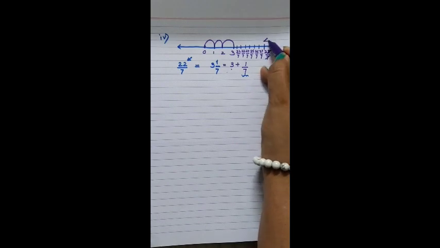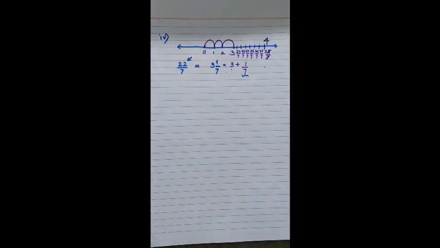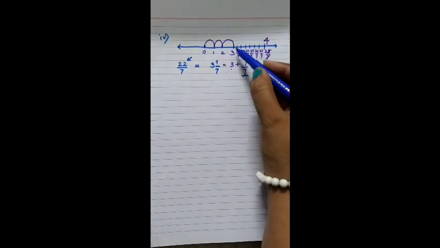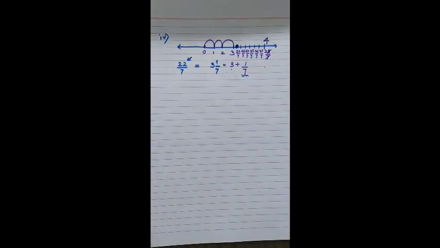What is it going to give you? 4. From this you got to know that 22 upon 7 lies somewhat in between 3 and 4. The first division that we have created in between 3 and 4 is 22 upon 7.